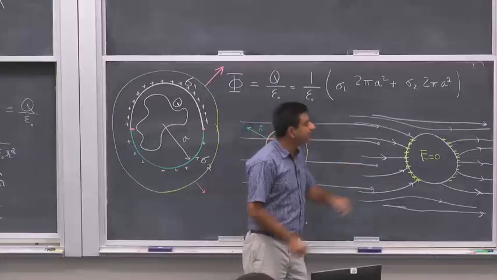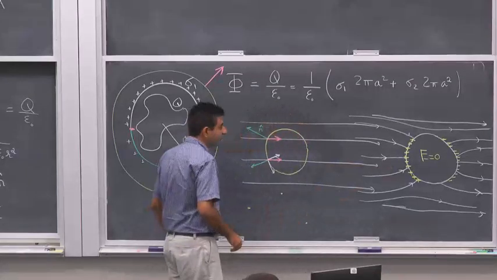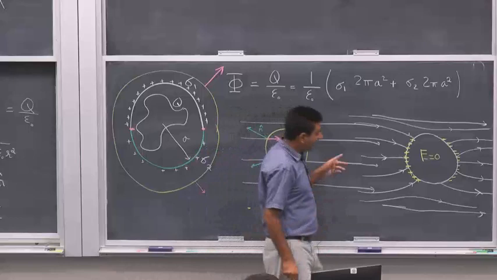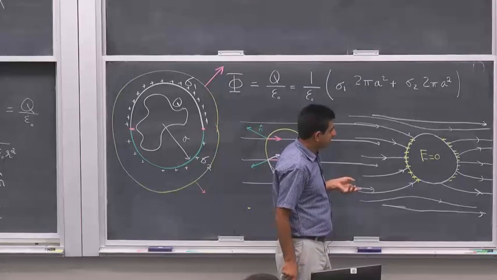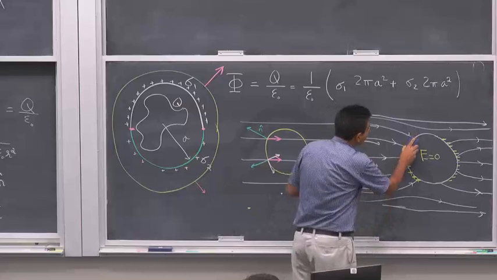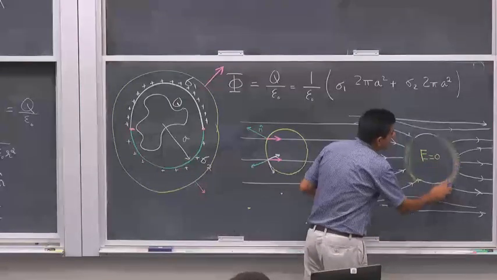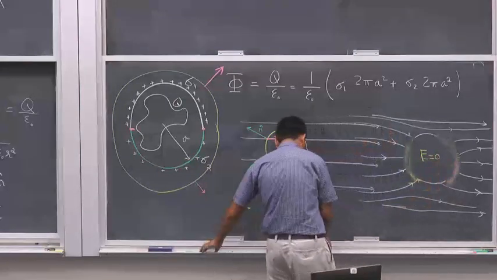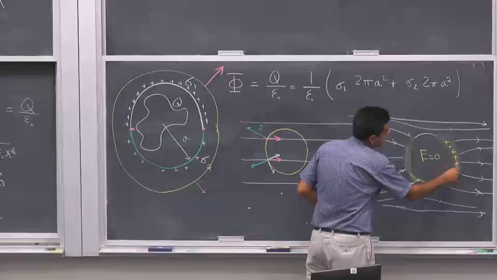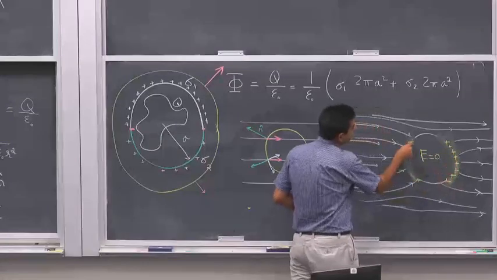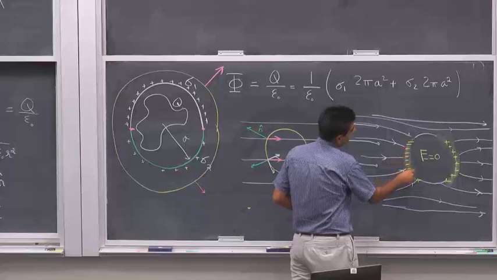Alright, and why is the electric field inside zero? Sorry, I'm so sorry, there are negative charges here and positive charges. I'm so sorry about that. So there are positive charges that accrue here and negative charges that collect here.